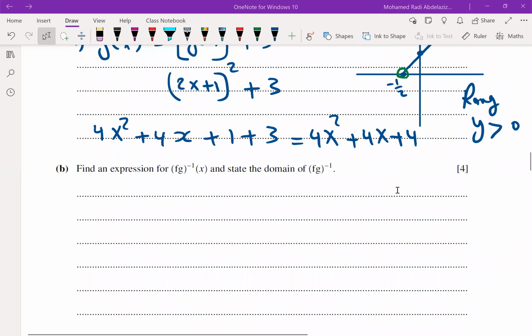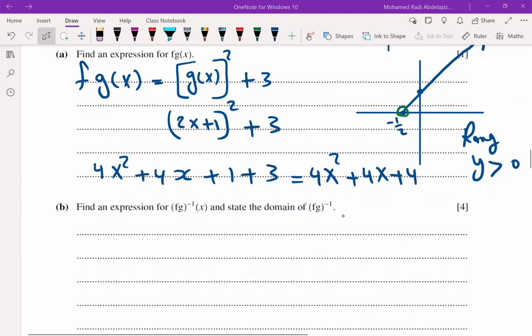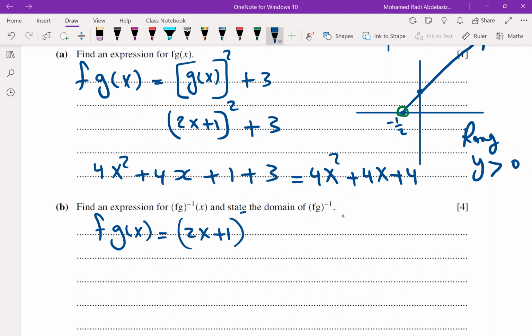For part B, it asks to find an expression for (fg) inverse and state its domain. First, I will write again fg(x), keeping it in completing square form: (2x plus 1) to the power of 2 plus 3. In general, this is a quadratic function. So what is the domain and what is the range of this function?